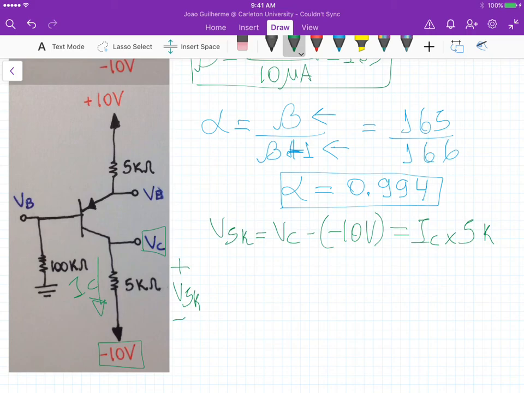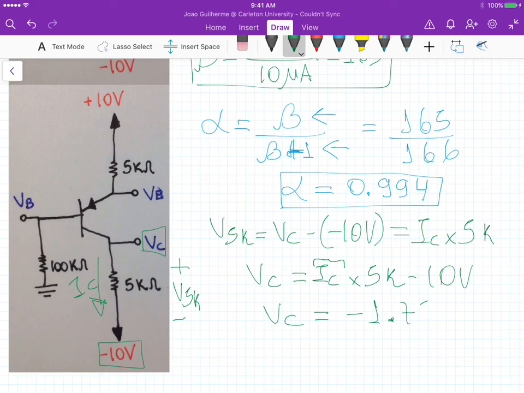From this equation we can isolate VC as IC times 5K minus 10. If we substitute the value of IC here, we get a value of VC of minus 1.75 volts.